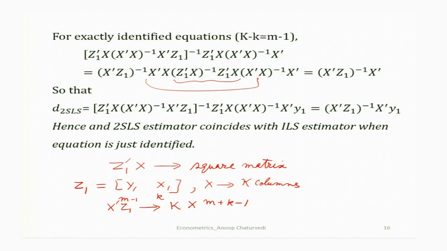Now, in case of exact identification, that is, when capital K minus small k is equal to m minus 1, then you have capital K equal to m plus k minus 1. So this matrix is a square matrix. Similarly, in this case, Z1 transpose X is also a square matrix. So in case of exact identification, you get square matrices here, and then you can apply this result. And then you get the same expression for the indirect least squares estimator and the two stage least squares estimator.